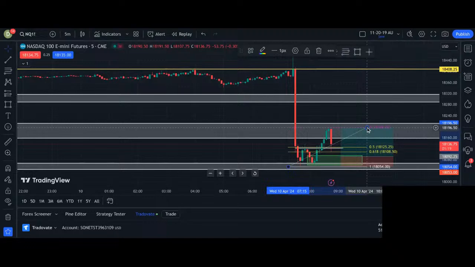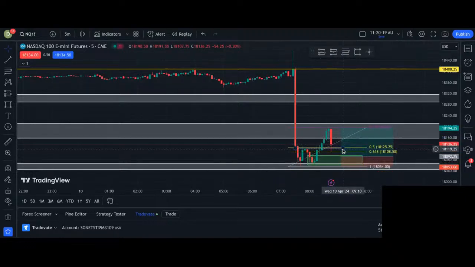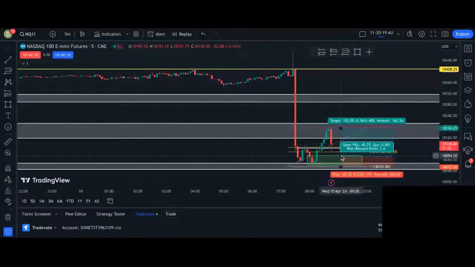Yeah, it's in the sweet spot though, giving us that 50% retrace. Very much enter right here.